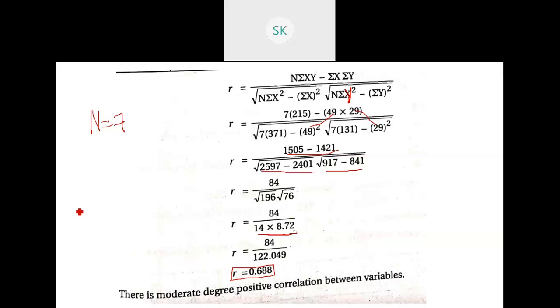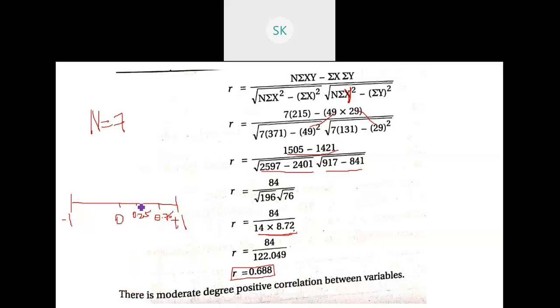Now again, let's go by our normal analysis and interpretation. On the scale of -1, 0, +1, the first marks are 0.25 and 0.75. What value have we got? We have got 0.688.